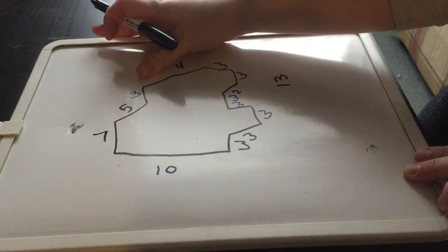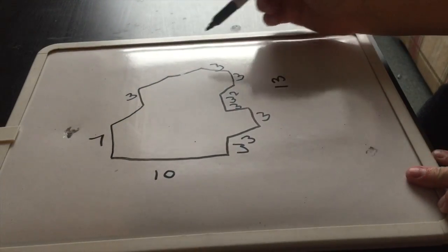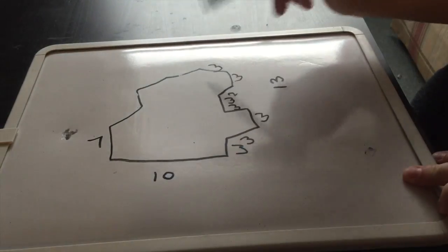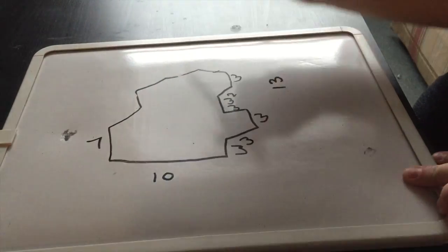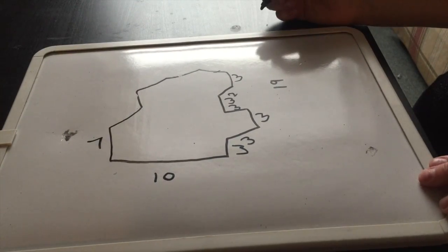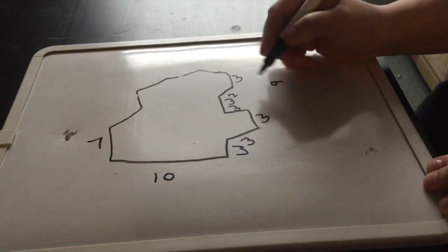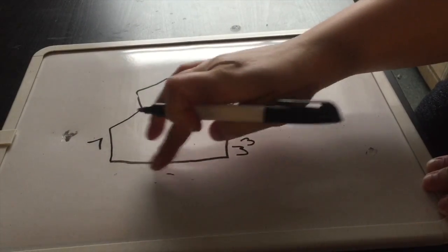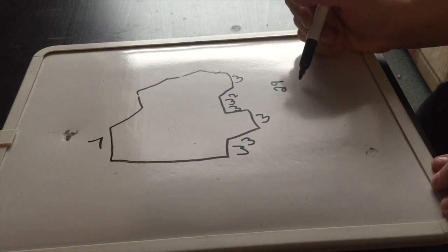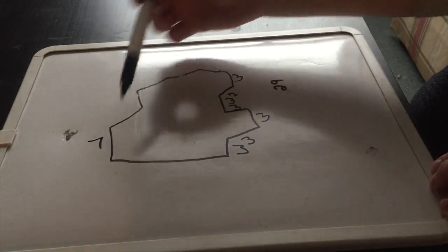So we can go ahead and erase those because we know that we already added those together. 13 and 3 is 16. 16 and 3 is 19. We can already go ahead and add 19. 19 and 10 is 29. We could keep 29 because we've already used a bunch of big numbers.